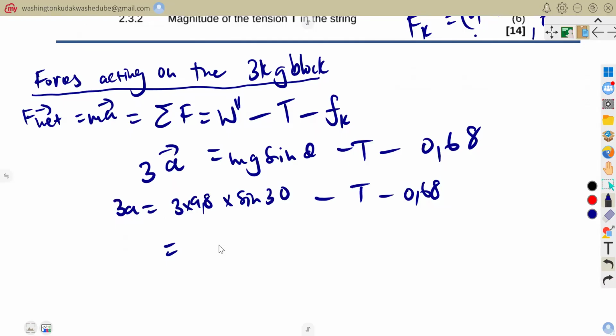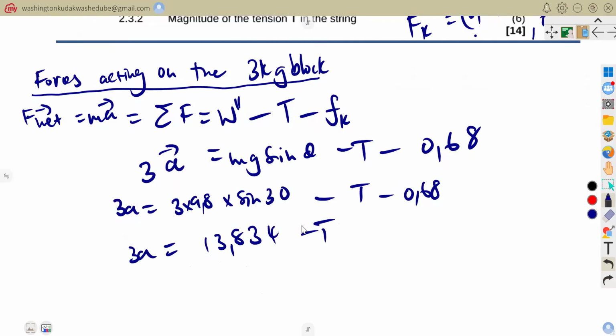Minus 0.68, so you are going to get 13.834 minus T being equal to 3a.